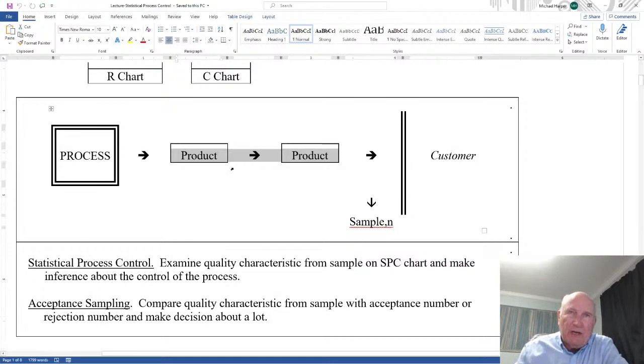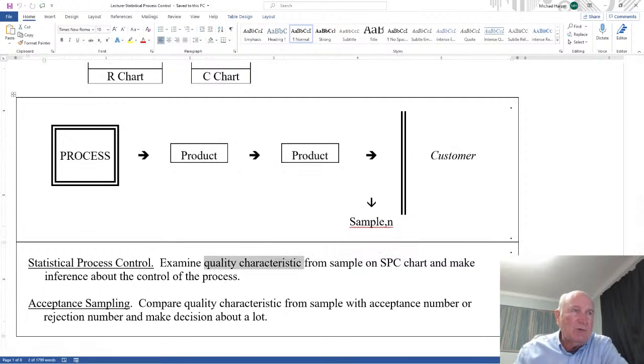Well, within the product or the customer or the service, you have a number of what is called quality characteristics. These quality characteristics really refer to variables that are measured, like the durability of something, or the speed, or the voltage, or something about the size, the length, does it fit, how much clearance is there.